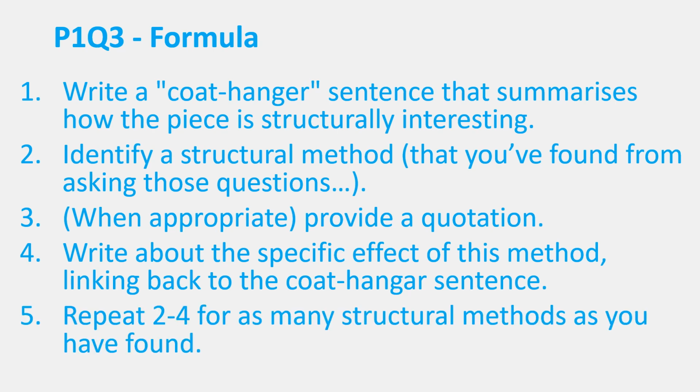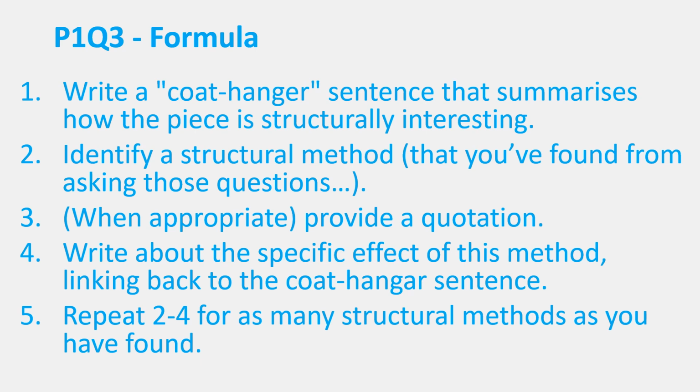And depending how many structural methods you've found, you might repeat that process 2 to 4 times. The great thing is, if you've written your coat hanger sentence really well, you're already well on your way to getting a good mark. Genuinely, if you can do a really good coat hanger sentence, an accurate one, you've probably already got 4 out of 8. What you're then doing is you're just trying to add a few more marks.